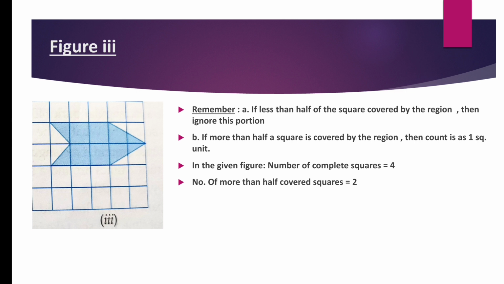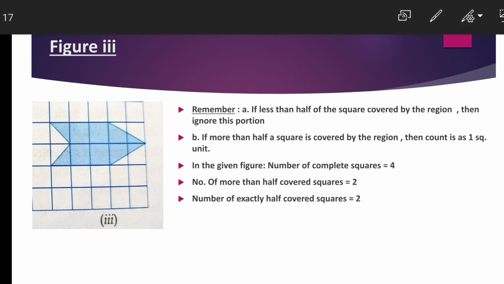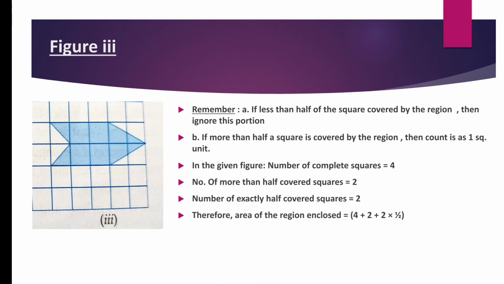Now you can see here more than half is this and this one. And number of exactly half covered squares is equal to 2. These are exactly half covered squares. Therefore area of the region enclosed is equal to 4 plus 2 plus 2 whole 1 by 2. So that will give us 7 square units.